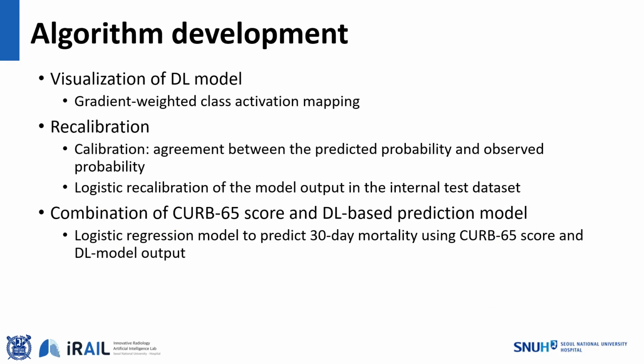For visualization of the model, Grad-CAM was adopted. To improve the model's calibration, we conducted a logistic recalibration of the model output in the internal test dataset. Finally, to investigate the added value of the deep learning model for CURB65, we applied a logistic regression model that ensembled the deep learning model with CURB65 and compared its performance.